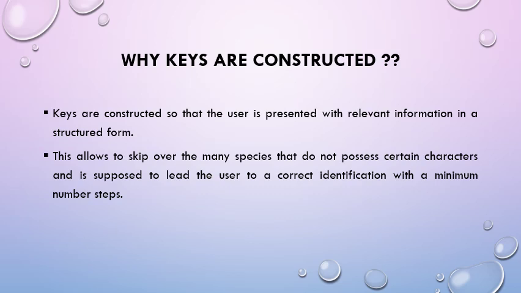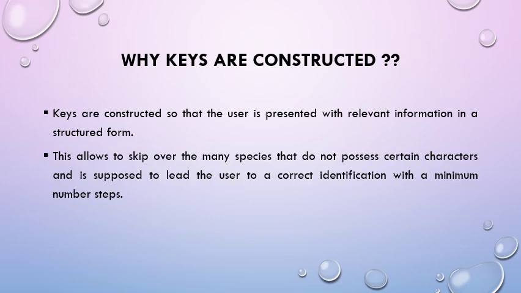Why are keys constructed? Keys are constructed so that the user is presented with relevant information in a structured form. A key is like a diagrammatical representation in which we do not draw anything; we use characteristics to identify the organism. It is in a neat, structured form, so it is easy for the user to identify the organism by following the observable features of the organism in a sequential manner.